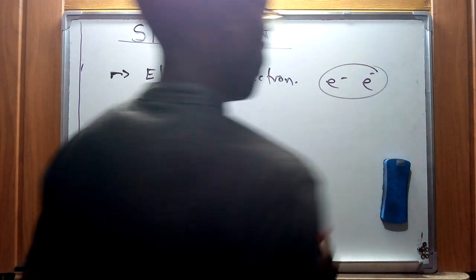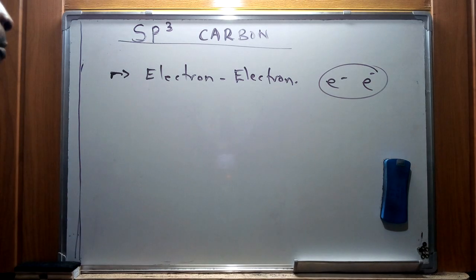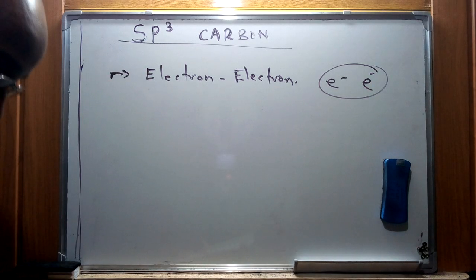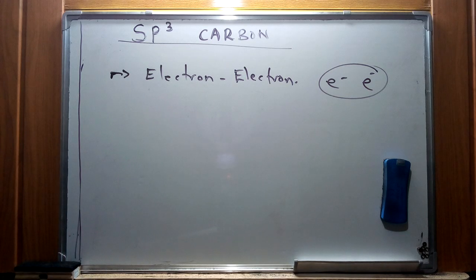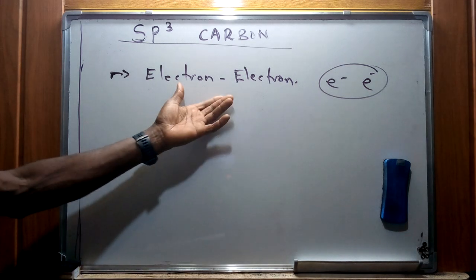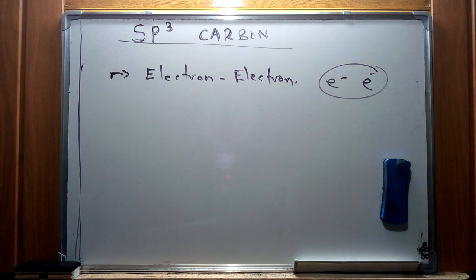Therefore, in order for the compound to be stable due to the minimal amount of repulsion achieved, there's a particular shape that this compound is going to assume.